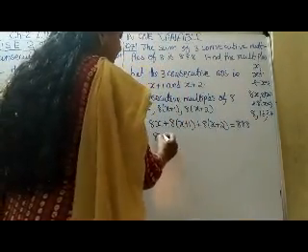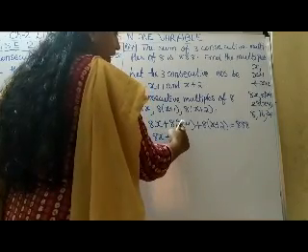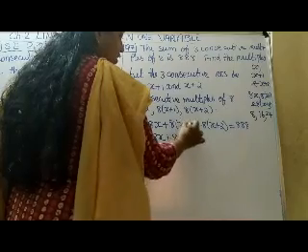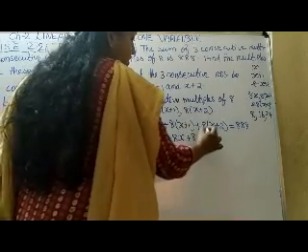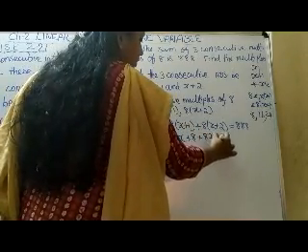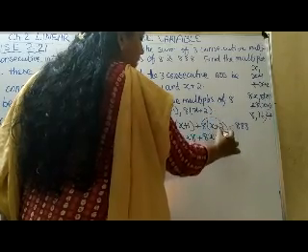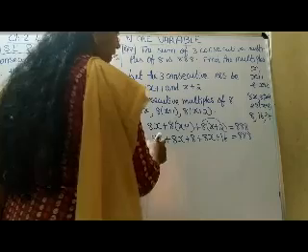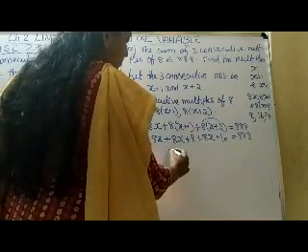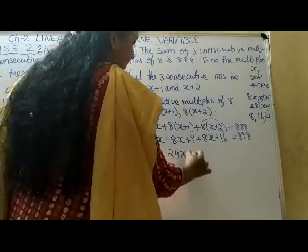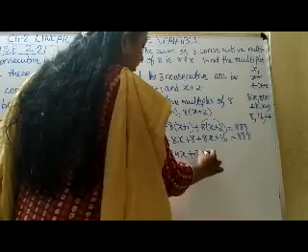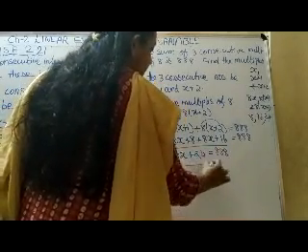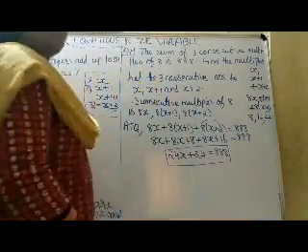That is 8x plus, open the bracket, 8 into x gives 8x, plus 8 into 1, 8, plus 8 into x, 8x, plus 8 into 2, 16, equal to 888. If we add this, 24x plus 24 equal to 888. This is the linear equation we formed.